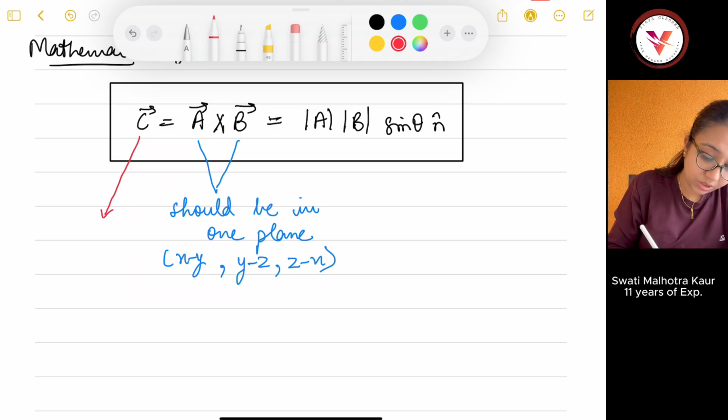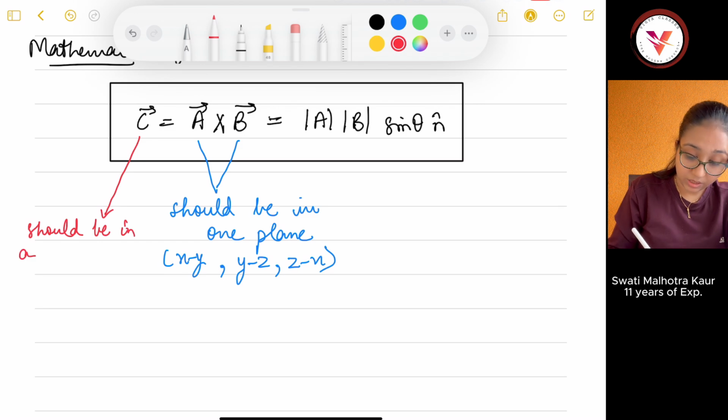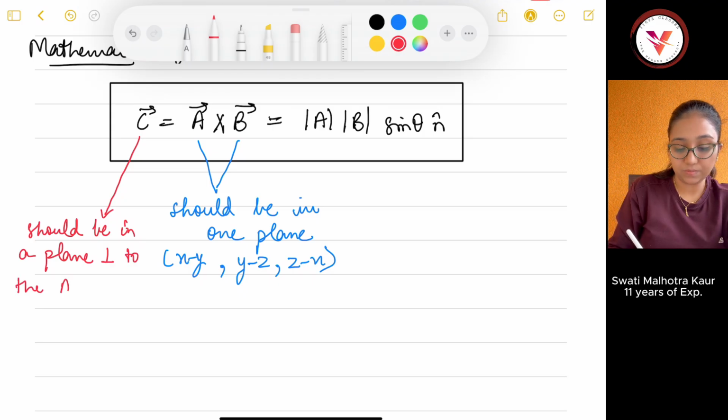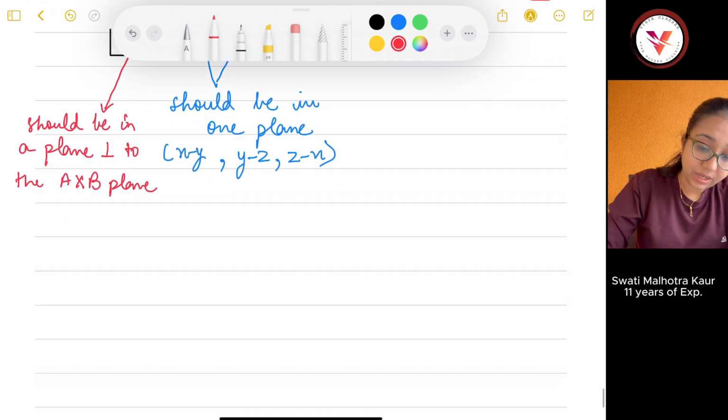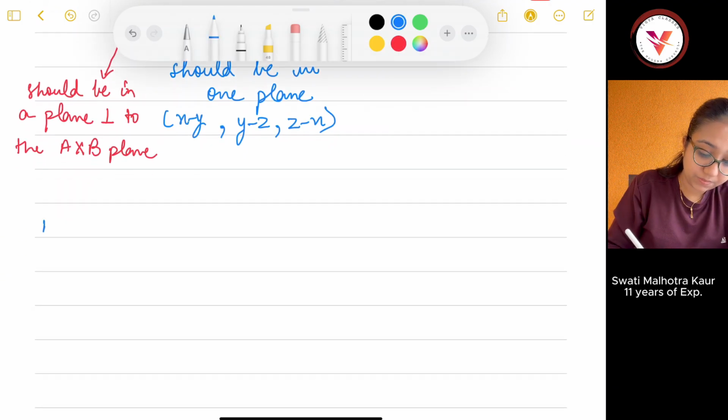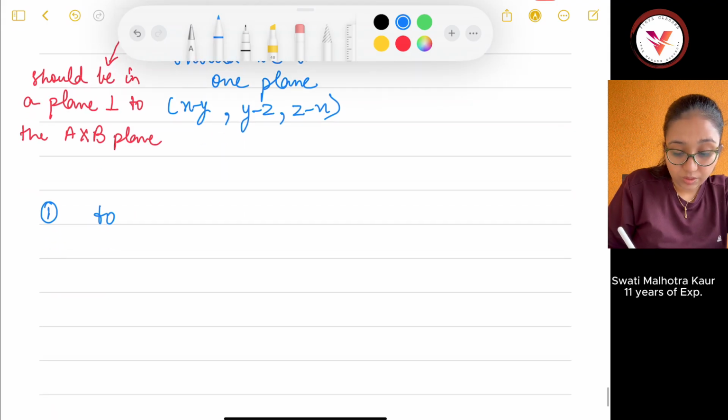So C should be in a direction perpendicular to the A cross B plane.